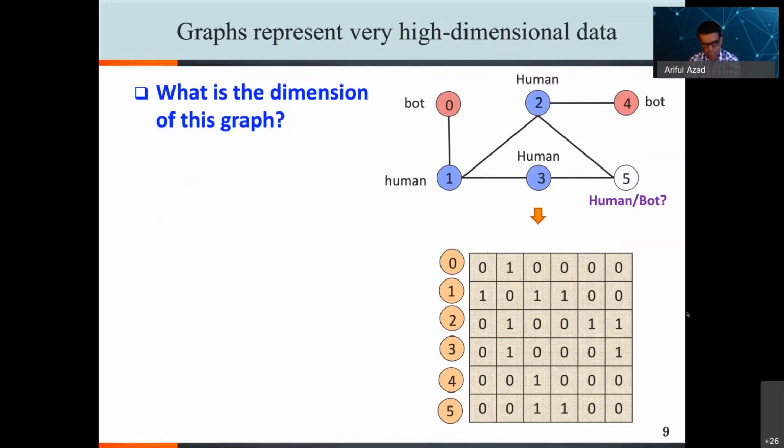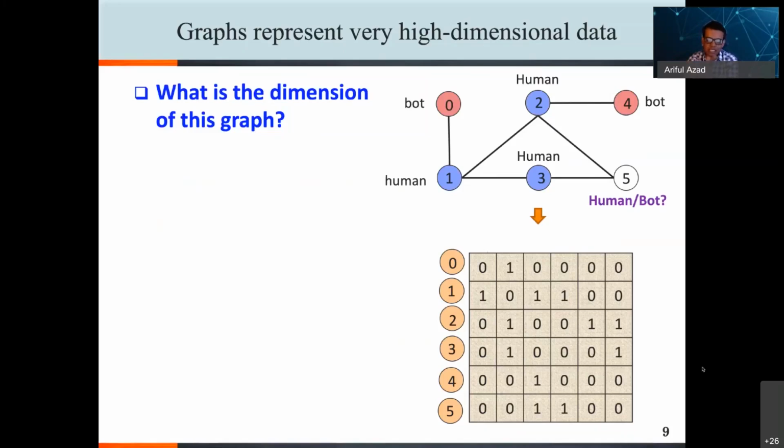Now, if I ask this question, what is the dimension of this graph? We can get some idea from the matrix. In that matrix, every row represents the connectivity pattern for a vertex. So first is the connectivity pattern for vertex 0, and so on. In any data view of a matrix, we can often think each row represents an individual data item and each column represents features.